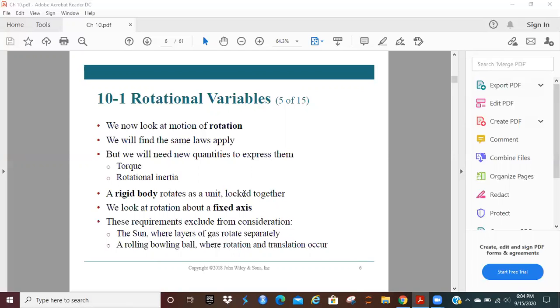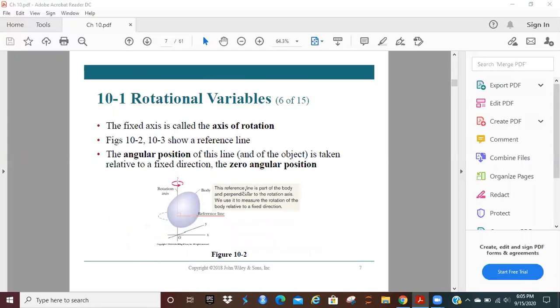Those restrictions exclude certain cases, such as the sun, where layers of gas are rotating separately, or a rolling bowling ball, where we have not only rotation but also translation. So we're not going to look at that right now. As you might guess, the fixed axis is going to be called the axis of rotation.